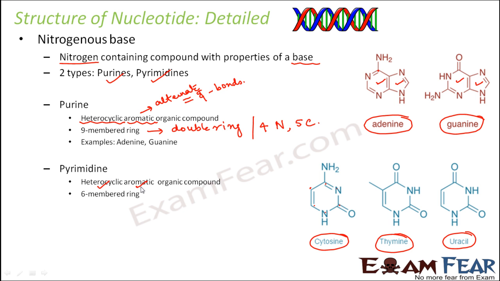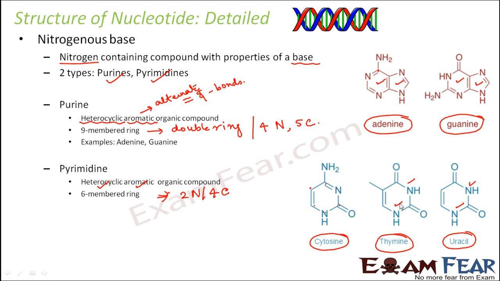So it is heterocyclic and aromatic, but the ring is a single ring with 6 members. How many nitrogens and carbons do you have here? In this case, we have 2 nitrogens and 4 carbons. If you look at any of their structures, you will see there are 2 nitrogens and 1, 2, 3, 4 carbons on the ring.